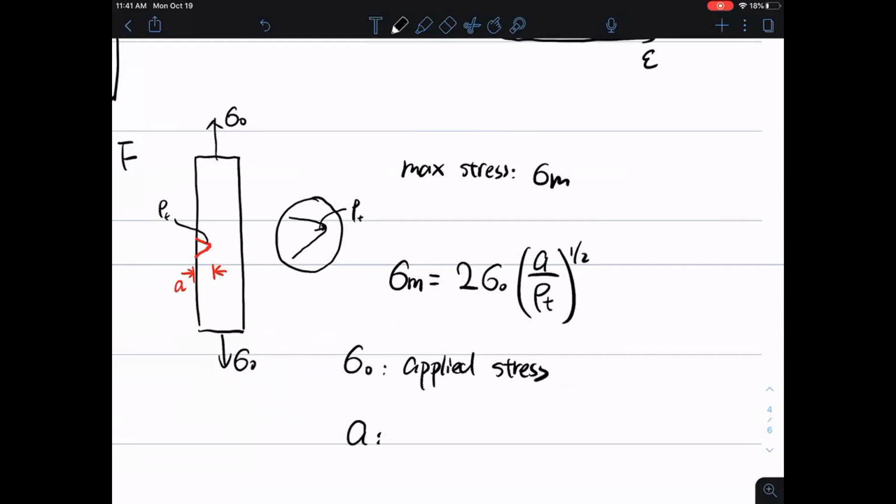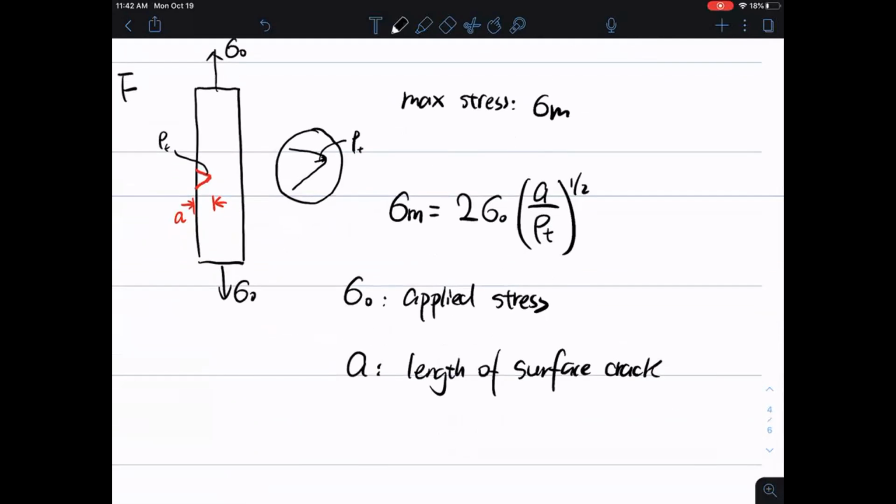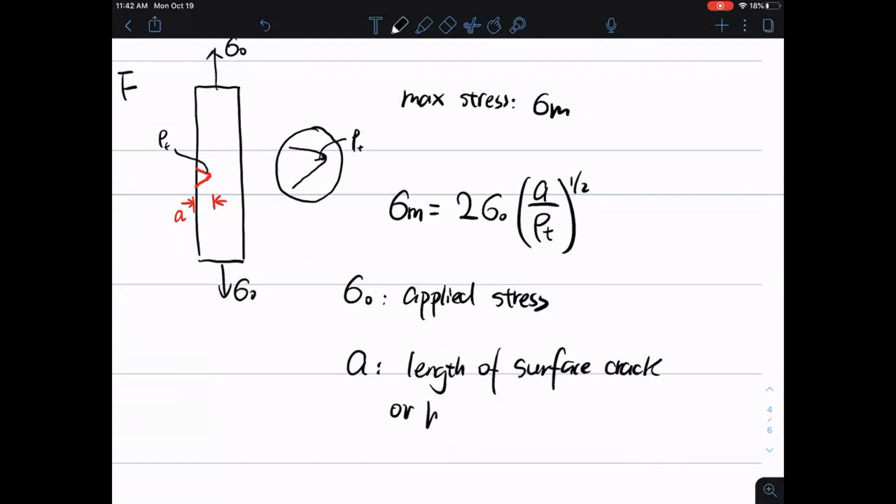A here is the length of a surface crack. That length could be half the length of an internal crack. We can talk about that later.